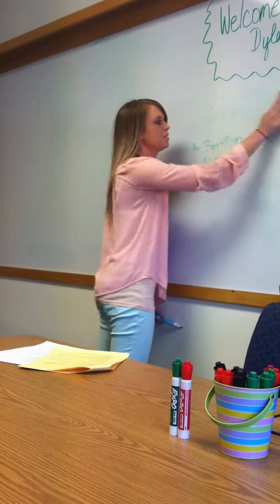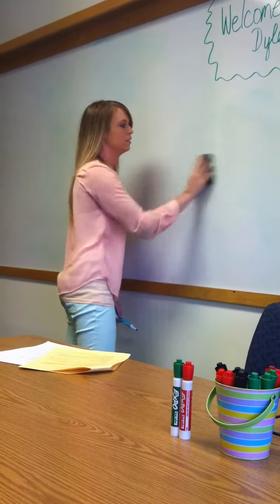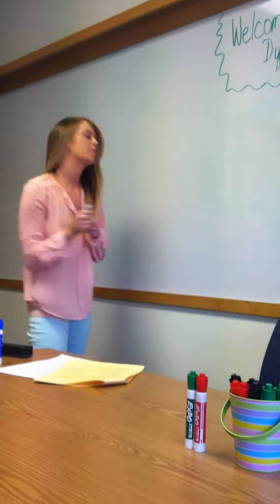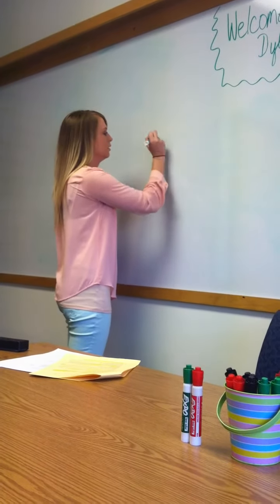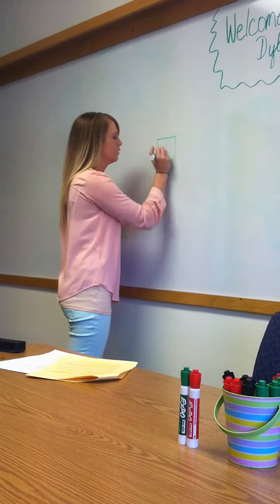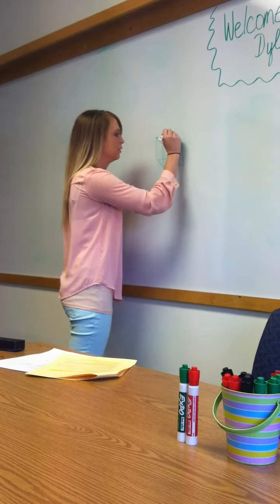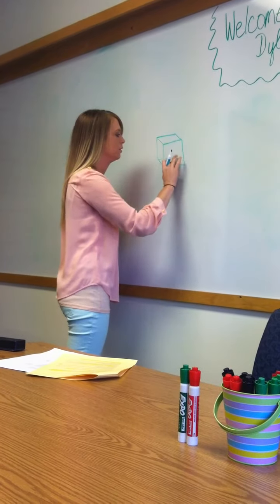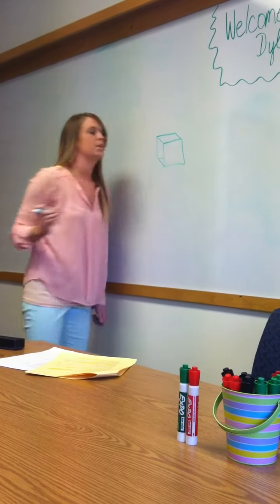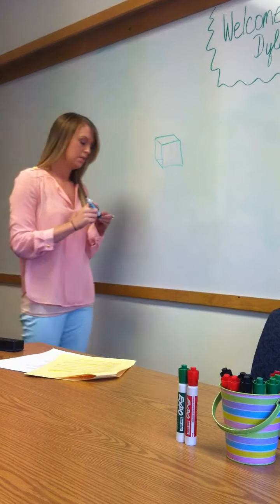So then, if we go ahead and think about volume, volume is going to deal with three-dimensional shapes. So here we have a three-dimensional square.